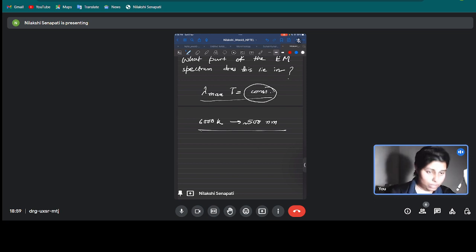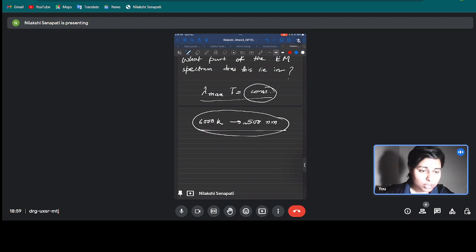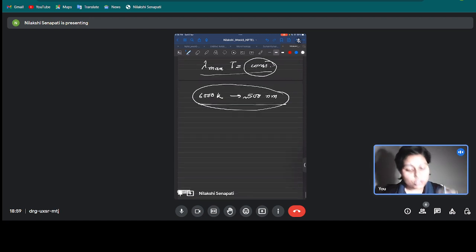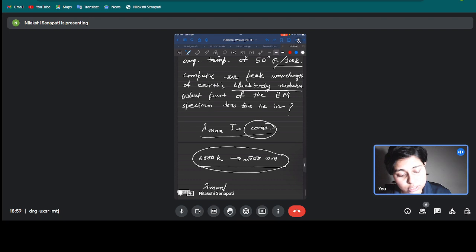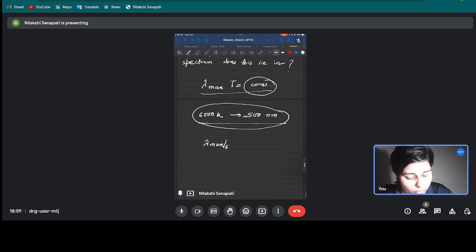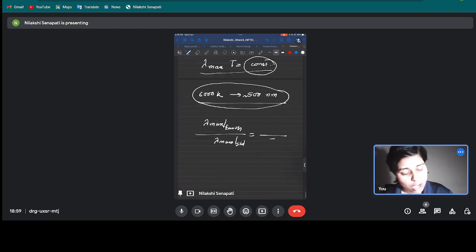If this is a standard thing that we always use, then we can compare with lambda max standard, by 1 by T Earth, 1 by T standard.